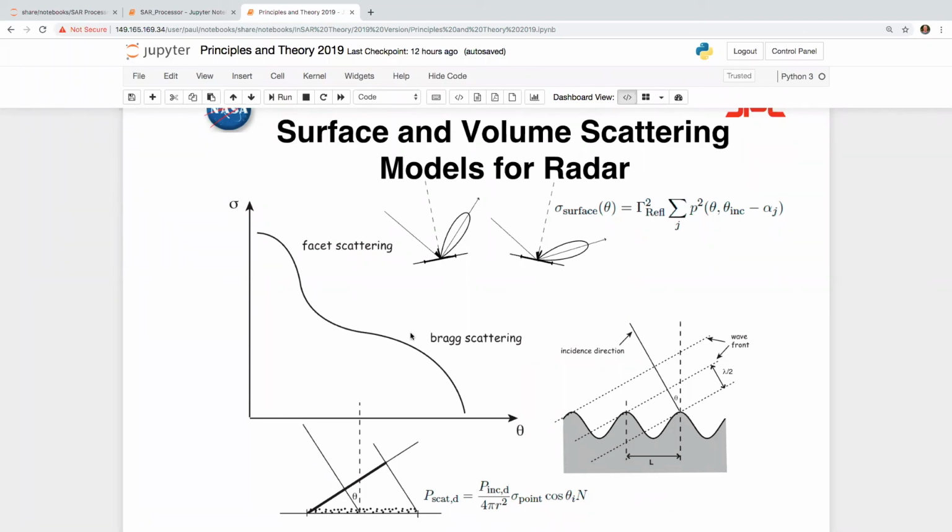And then when you get much further out, you end up with resonance phenomena called Bragg scattering, where the wave is coming in towards the surface, and if there's any kind of regularity in the surface, you'll get some resonance with that surface. So you tend to get a slight enhancement at the higher incidence angles than you would just by this random effect. So this is what the backscatter of a surface would look like as a function of angle.